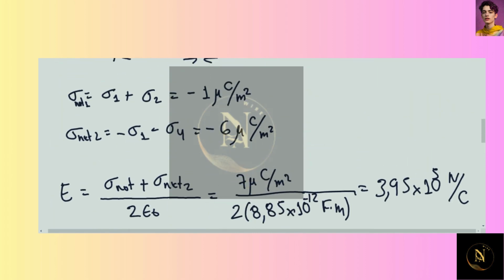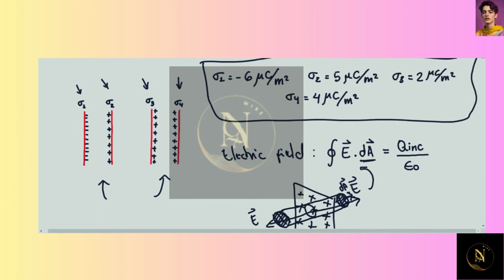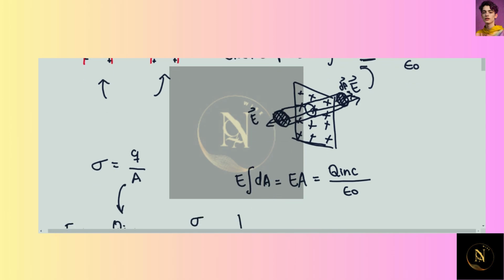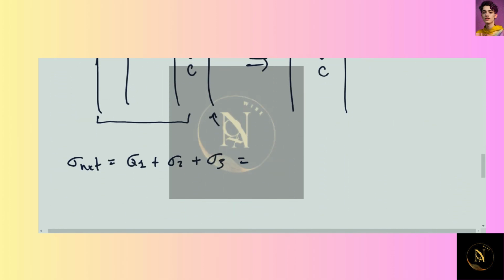So, having those values, that is minus 6 plus 5, which gives us minus 1, plus 2. That will give us a positive number of 1 microcoulomb per meter square.